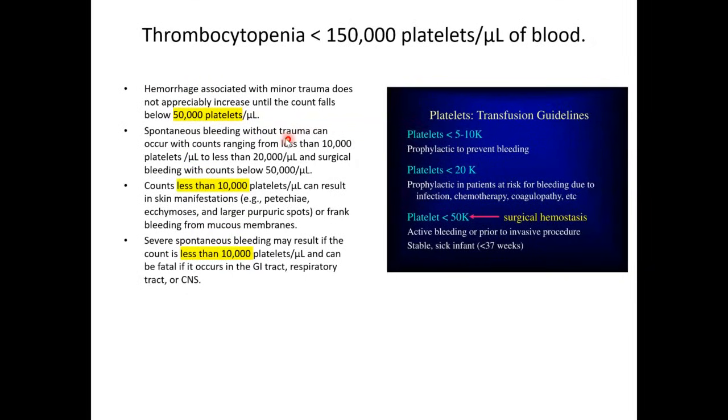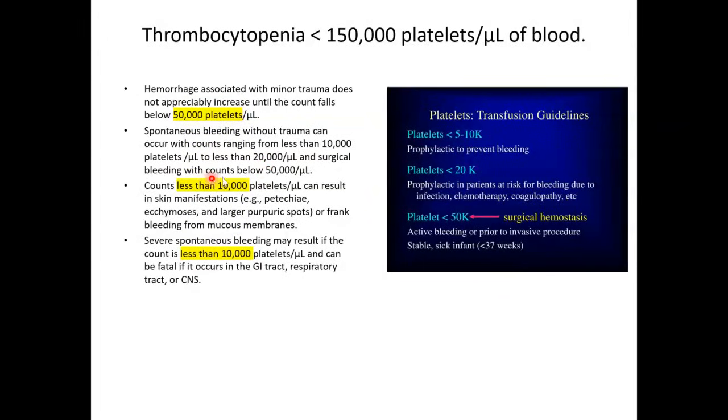Spontaneous bleeding without trauma can occur with counts ranging from less than 10,000 to 20,000. So you can kind of see here, 20,000 prophylactic in patients at risk for bleeding due to infection, coagulopathy. So 20,000 is kind of another marker here. In this case, we'll say less than 20,000.